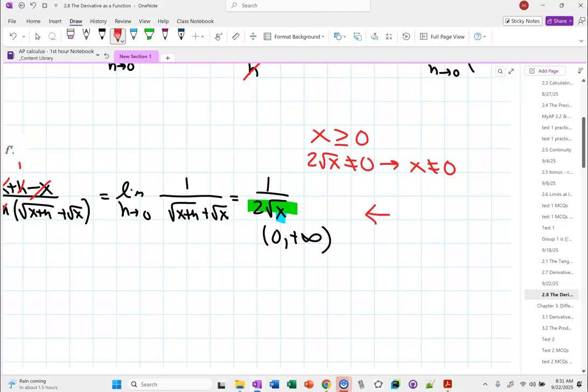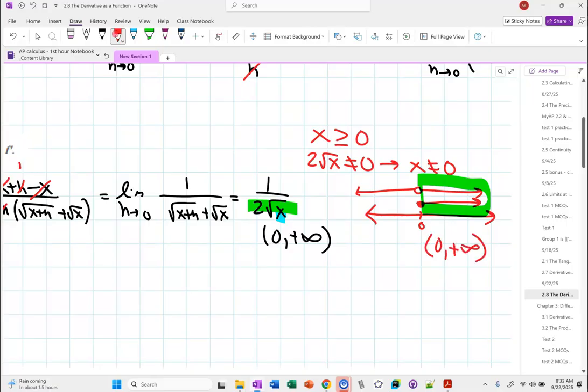So if I draw this on a number line, I have greater than or equal to 0. I have not equal to 0. If I take the intersection of these two sets, that's going to be that part, right? Does that feel better in terms of a systematic approach to it?